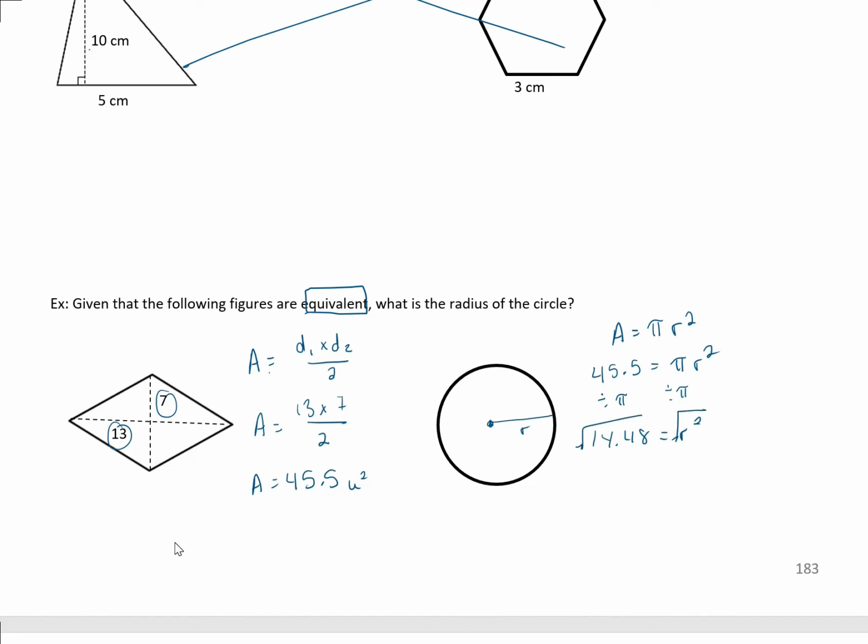So the square root of 14.48 is 3.81. So a concluding sentence: the radius of the circle is 3.81. We don't have units, so again, it's just a u.